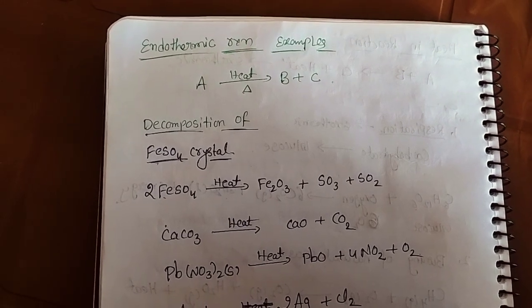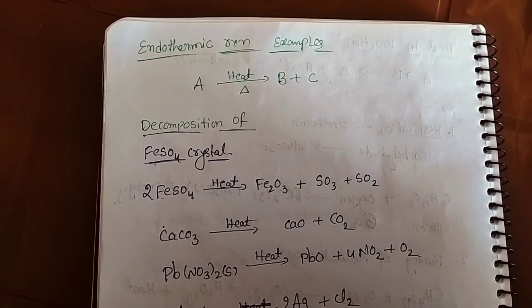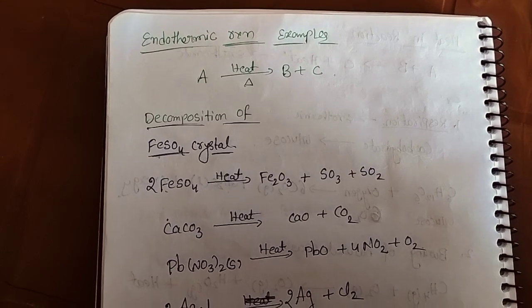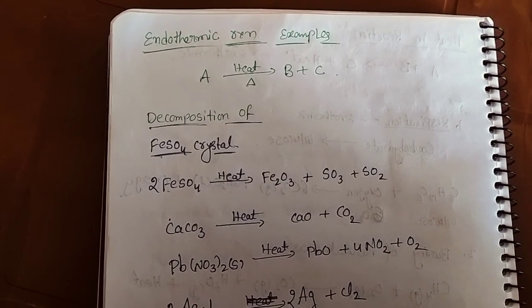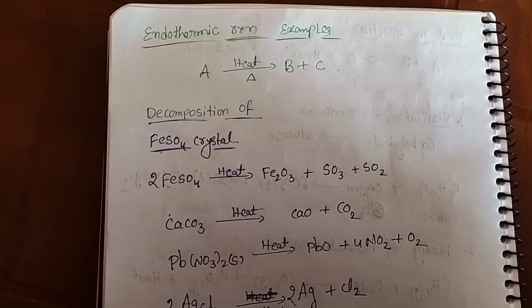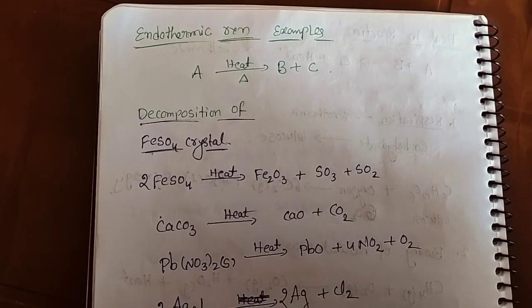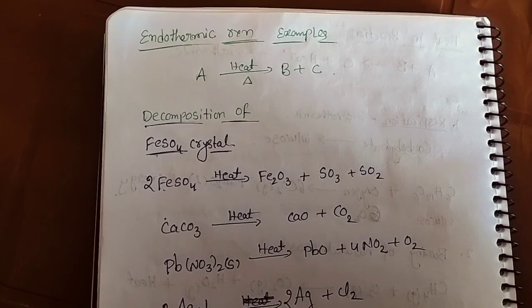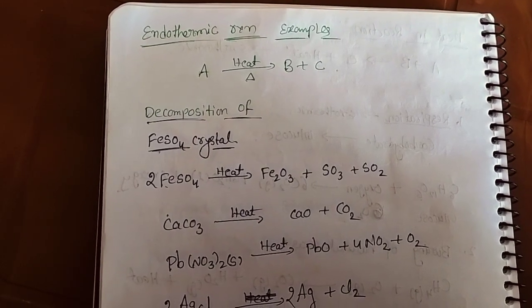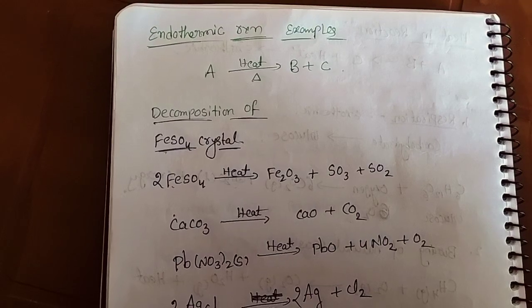Look at this basic formula of endothermic reaction, which is A gives rise to B plus C. Here A is reactant, B and C are the products. We can also write the heat or any external energy over the arrow.